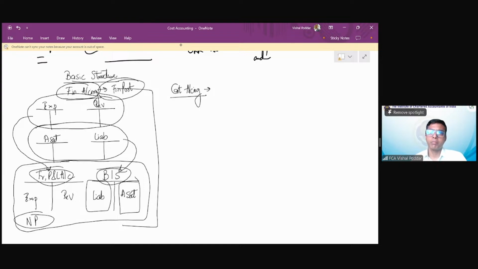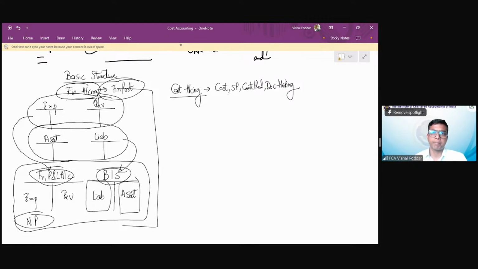In cost accounting, my objectives are finding out cost, fixing the selling price, achieving cost control, cost reduction, and also helping in decision making. These are the objectives or purposes of cost accounting that you study in the first chapter.